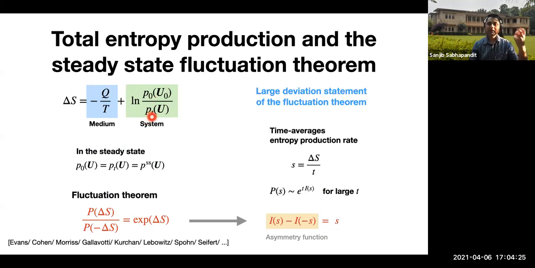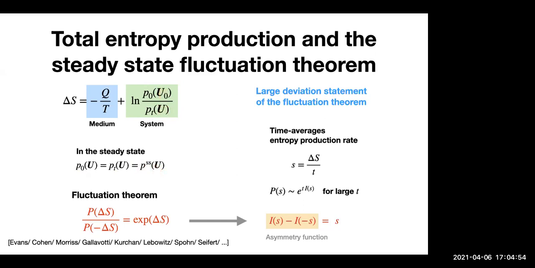And here P refers to the probability density, the probability distribution of this phase space variable at time 0 and T. These P's are functions that evolve by the Fokker-Planck operator, so you have a functional form for P. If you are interested in the steady state, then both P0 and PT are the same, just the steady state distribution. So P is a deterministic function, but the U inside this P, or U0, are random variables.